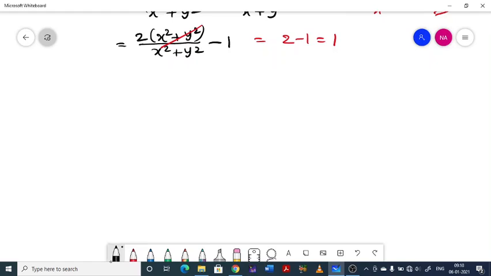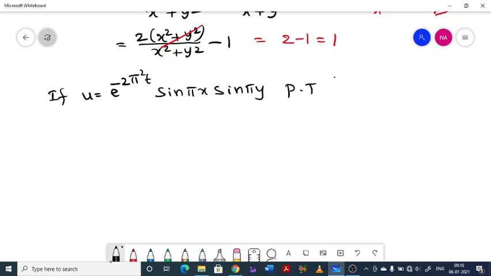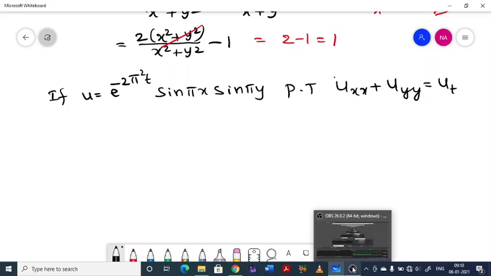If u equal to e power minus 2 pi square t sin pi x sin pi y, prove that uxx plus uyy equal to ut. It's a function in 3 variables. Try to solve this one. Let us see the solution in the next video if you don't get the solution.